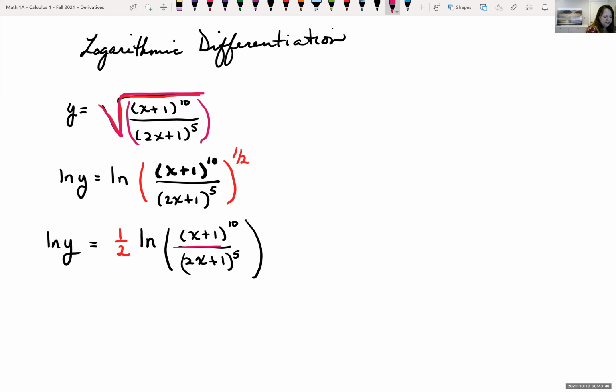And so if you have a division, when you're taking the log of a division, you can look at the natural log of the numerator. So we're going to look at the natural log of x plus 1 raised to the 10th power minus the natural log of the denominator, 2x plus 1 raised to the 5th power.